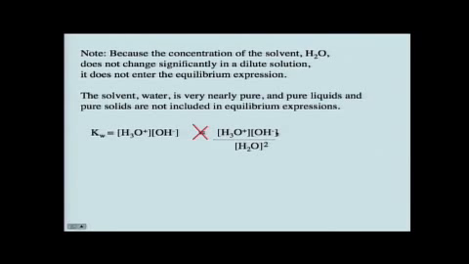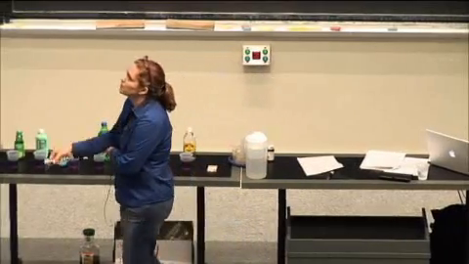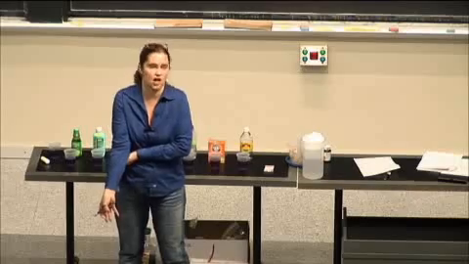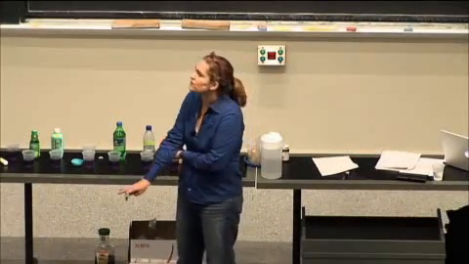So the Kw is expressed in terms of the concentration of hydronium ions times the concentration of hydroxide, and it doesn't have this water term at the bottom. And that will be true for any problem in which the water is a solvent. And it's really not going to be changing very much.